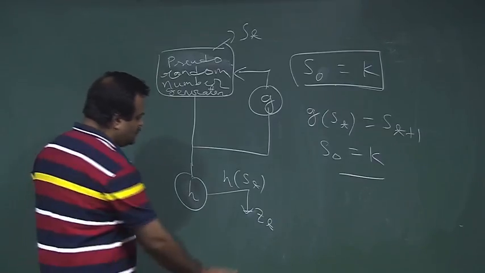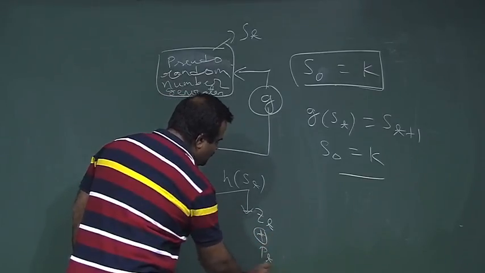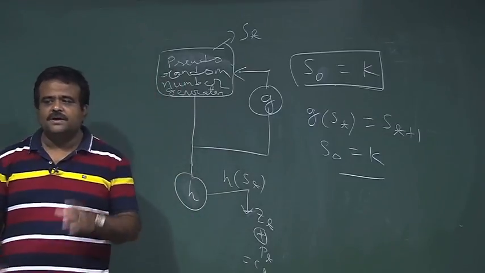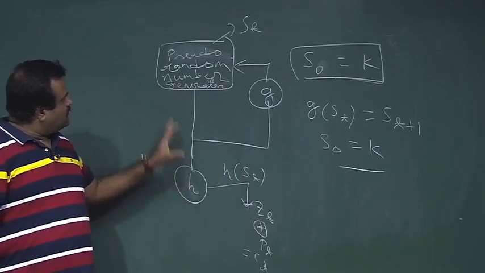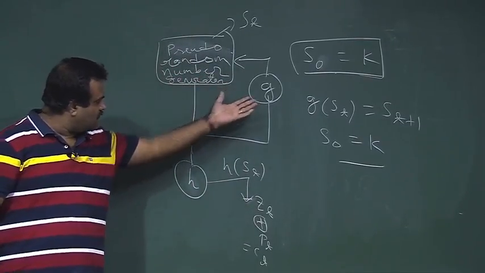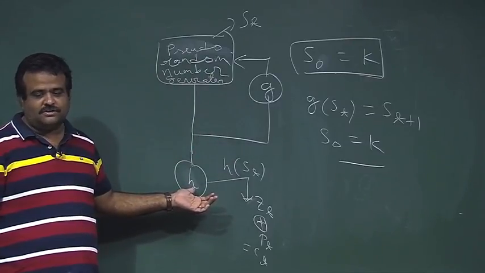Then we XOR this key stream bit with the plaintext bit pt, and we generate the ciphertext bit ct. So this is the general structure of a synchronized stream cipher, because here we are not involving the plaintext in this update function or in this key stream generation. That's why it is called synchronized.